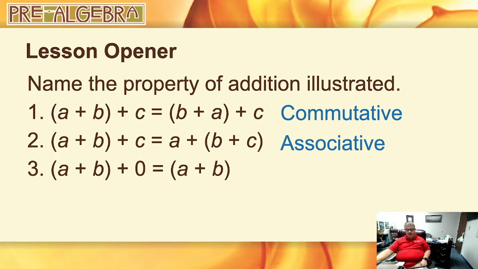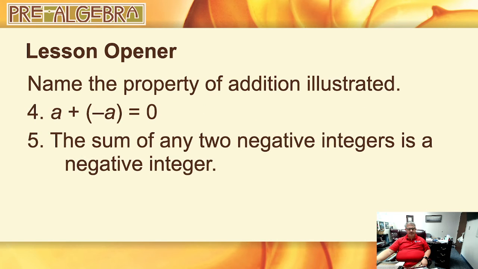So here, the third one, we have a plus b in parentheses, and that's added to 0. Anything added to 0 gives the same thing as the addend there, and those answers are going to be a plus b, and so that is the identity property. On number 4 here, we have a plus negative a.